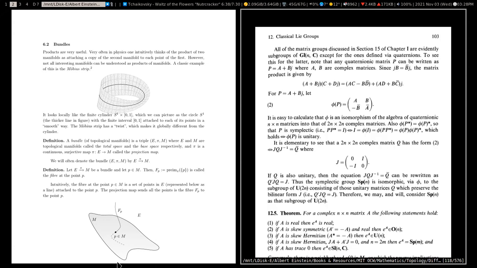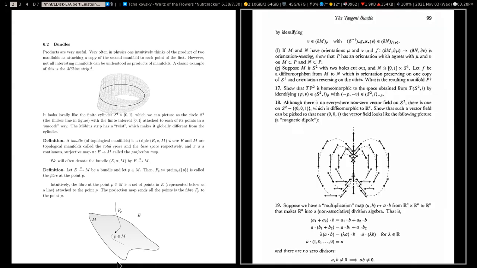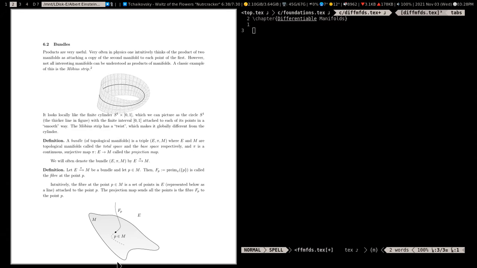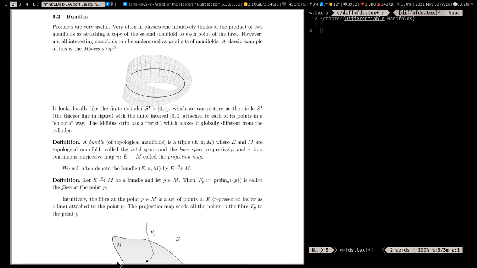Okay, so I'll start with what a bundle is. A bundle is basically a triple, so you have three things. You have two topological manifolds. One of them is called the total space, and one of them is called the base space. Between those two topological manifolds, you have a continuous surjective map that goes from your total space to the base space.